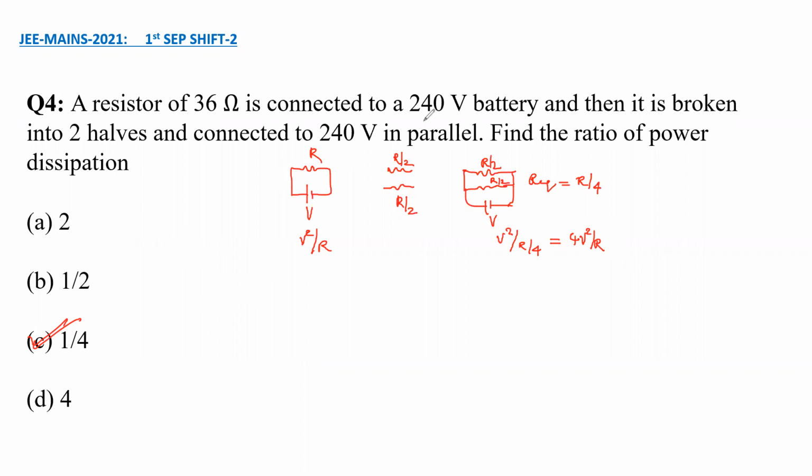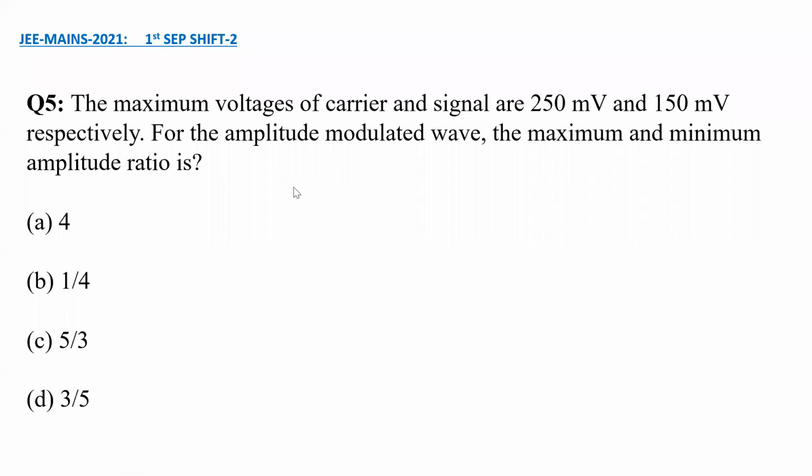And then let us proceed. So as you know, the amplitude modulated wave is given by Ac times 1 plus Am by Ac sine omega m t times sine omega c t. Here Am by Ac is what we call typically the modulation index mu.